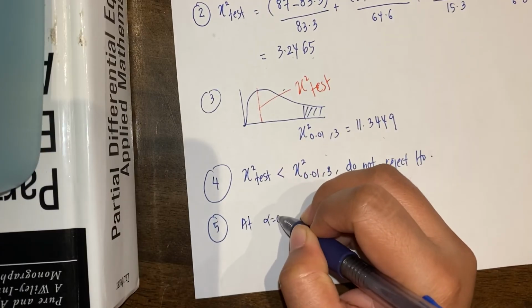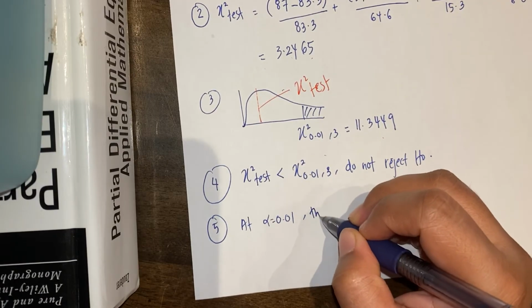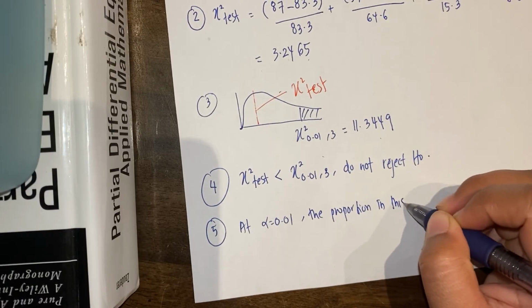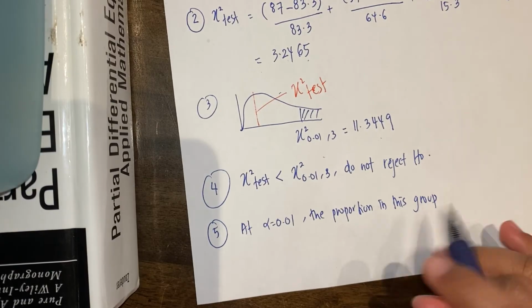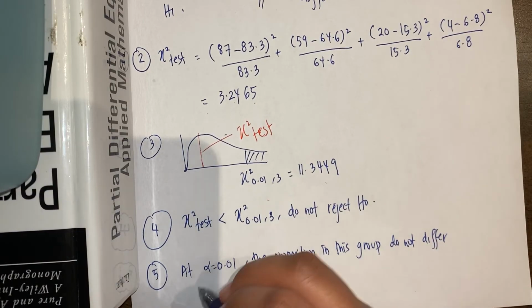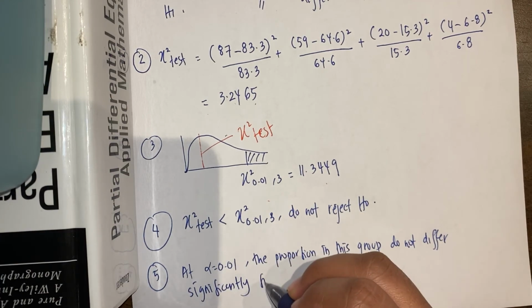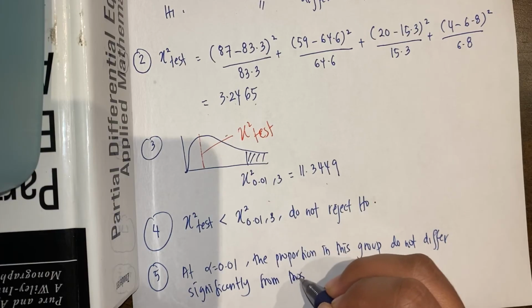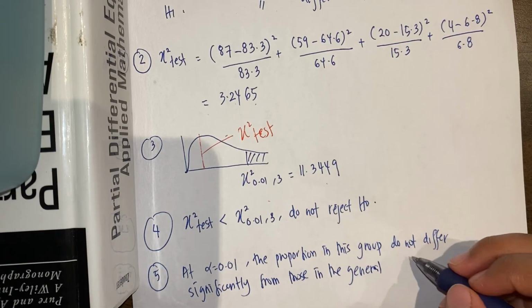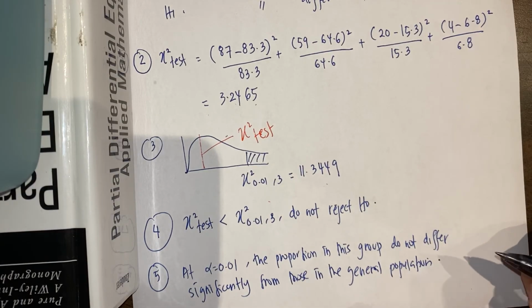So at alpha 0.01, just write back your H0: the proportion is the same as those in the general population.